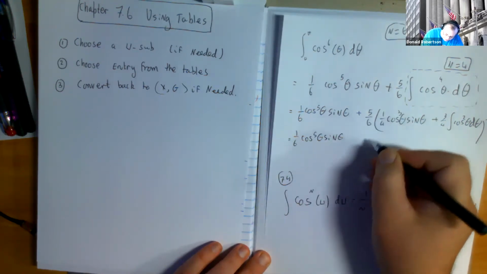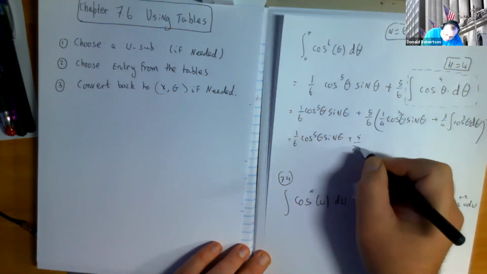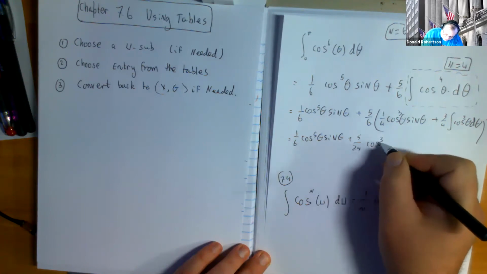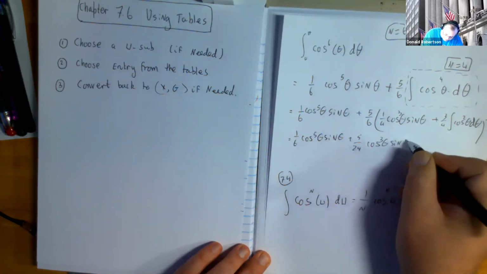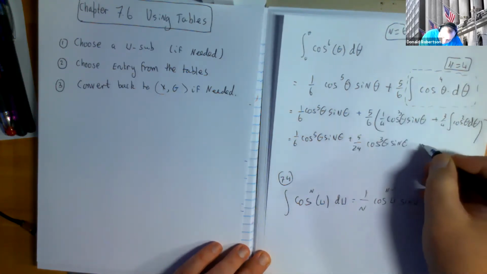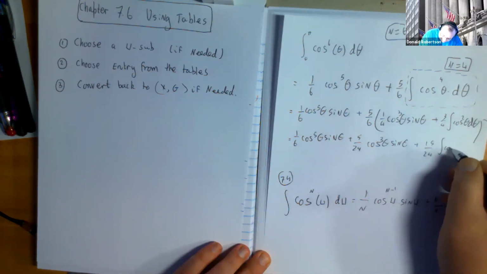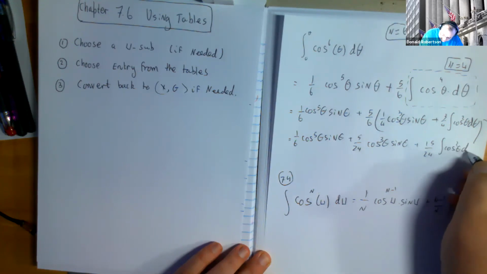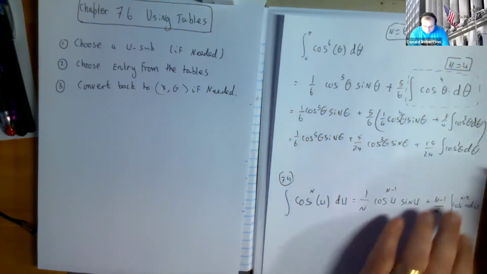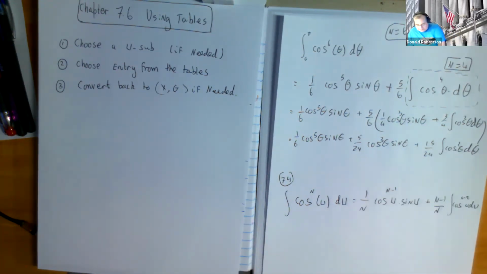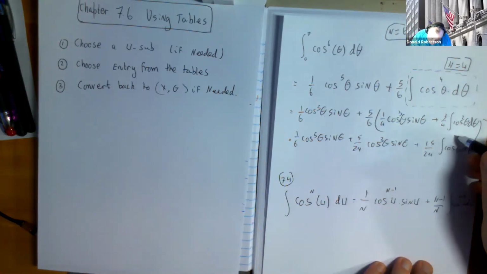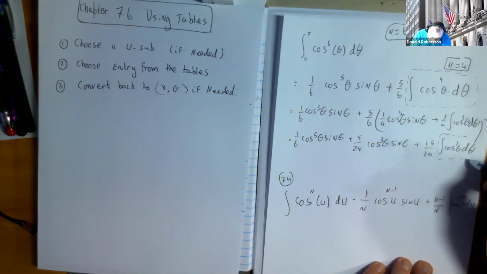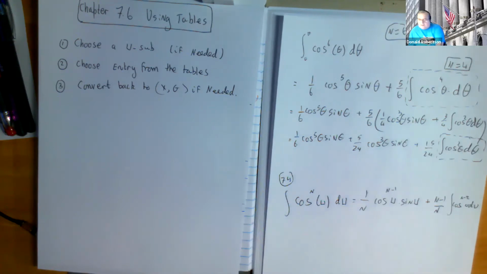That times that gets me 5/24 of this guy. That times that gets me 15/24 of this guy. Told you it was a really long, ugly question. And now I am left with needing to get that guy.